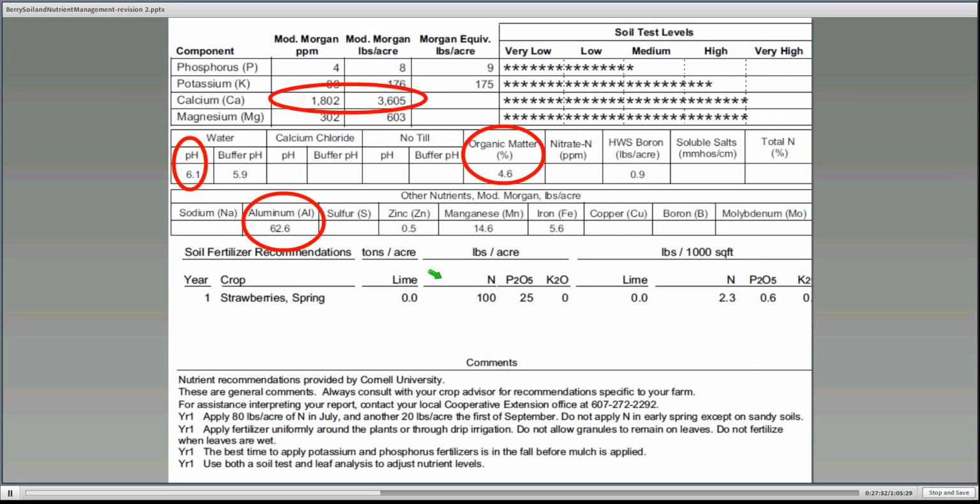Nitrogen recommendations from this sample: 100 pounds of nitrogen total to be split, 80 pounds in July, 20 pounds in the following September, and then 25 pounds of phosphorus fertilizer at planting.